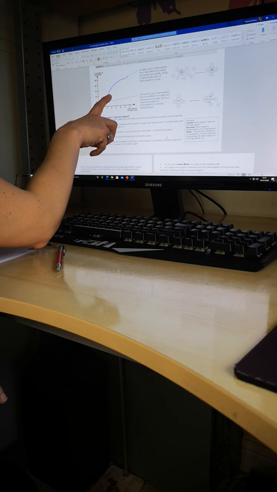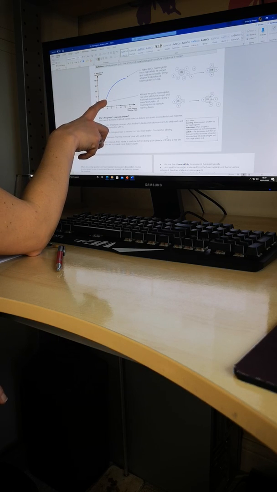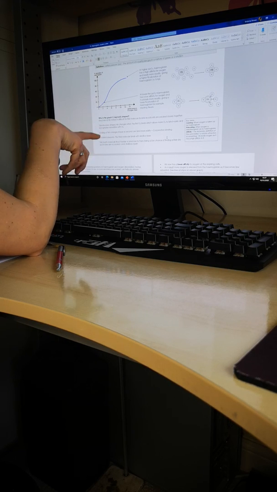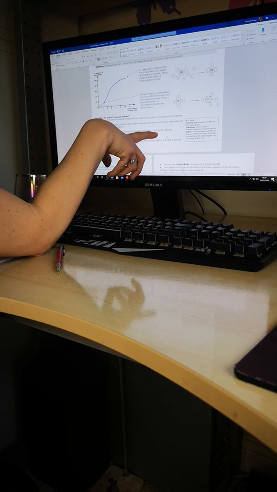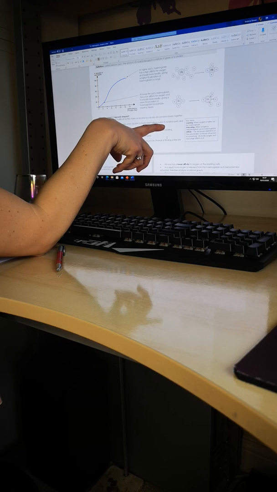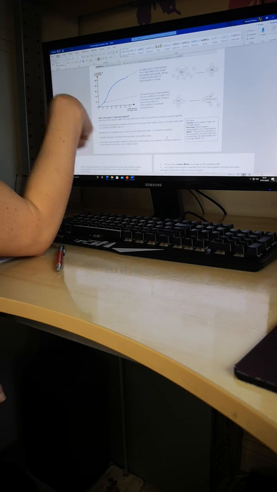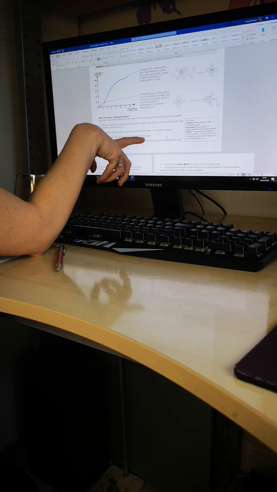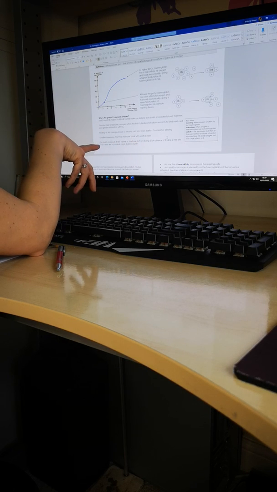So the second and third one will bind more easily, and that's why this middle bit of the graph is steeper. And we call that cooperative binding. So the binding of one molecule makes it more likely that another and another will bind. And that continues really until you're almost fully saturated.